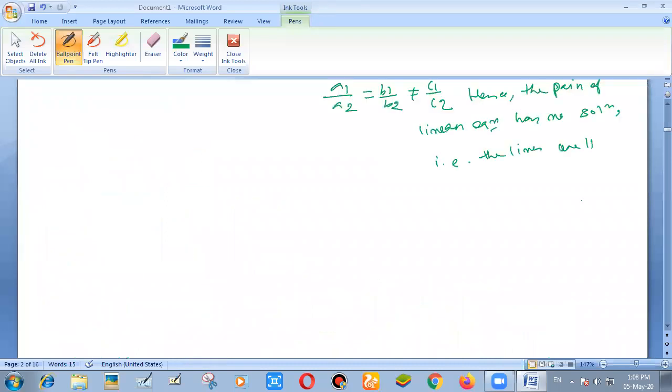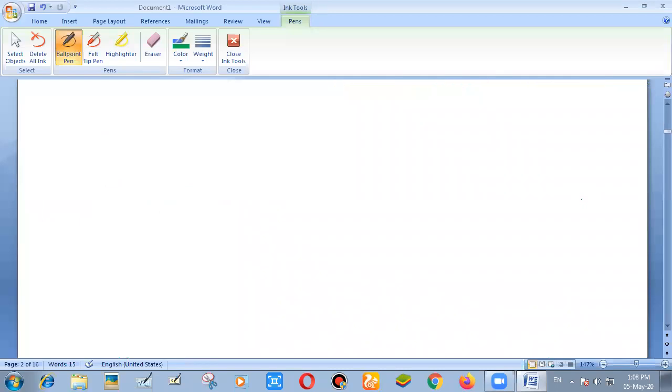Okay, now see question number 1. Read the question. From the pair of linear equations in the following problems, find the solution graphically. That means you have to find the value of x and y, but graphically.